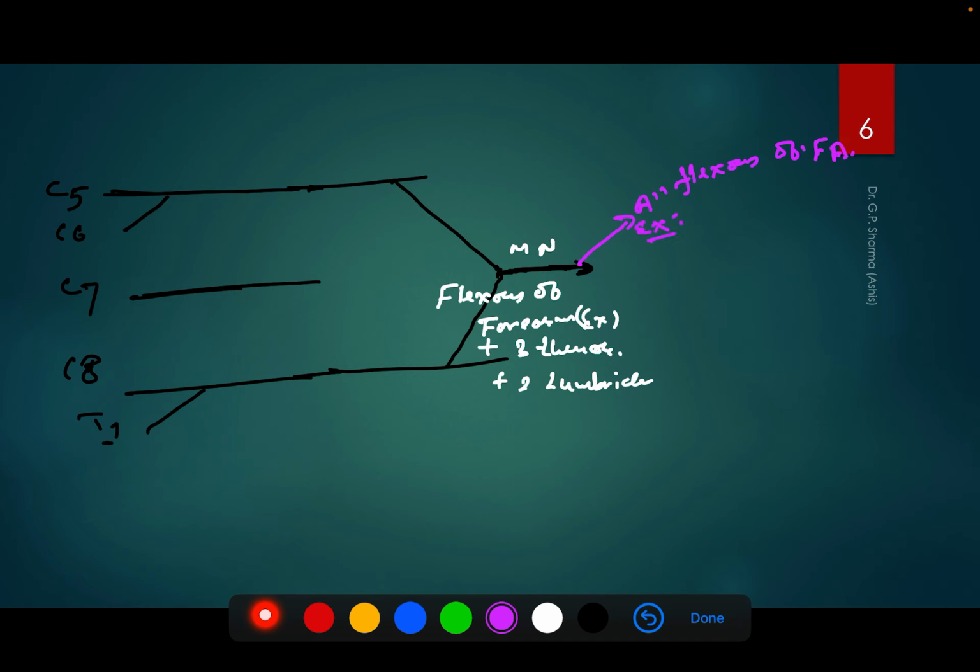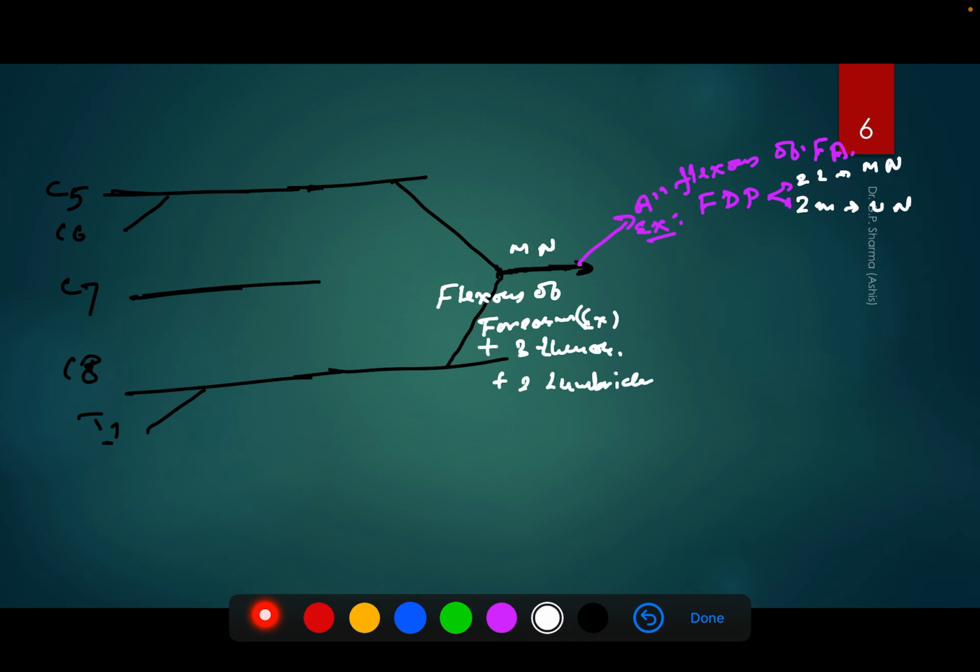Exception, if you remember, the median nerve was supplying the FDP, right? FDP has 4 tendons, 2 lateral and 2 medial. The medial ones are supplied by the ulnar nerve, and the 2 lateral ones are supplied by the median nerve.